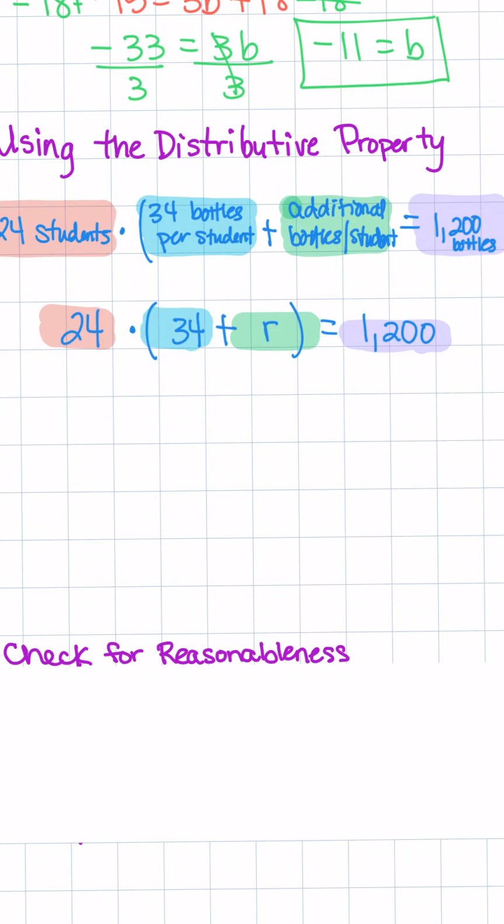So we want to multiply the 24 into this one and then into this one. 24 times 34 is going to equal 816 plus 24r, and that equals 1,200. We want to subtract 816 from each side.